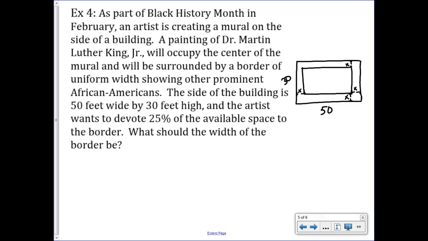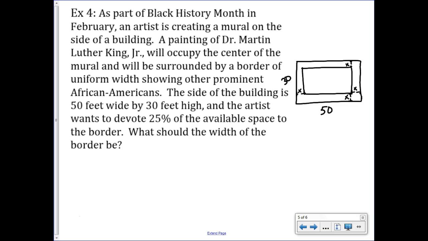So then I also know that 25% of the space is the border. Okay, so if 25% of the space is the border, then that means that 75% of the space is the mural. And I think maybe the mural might be an easier way to start to process the problem.